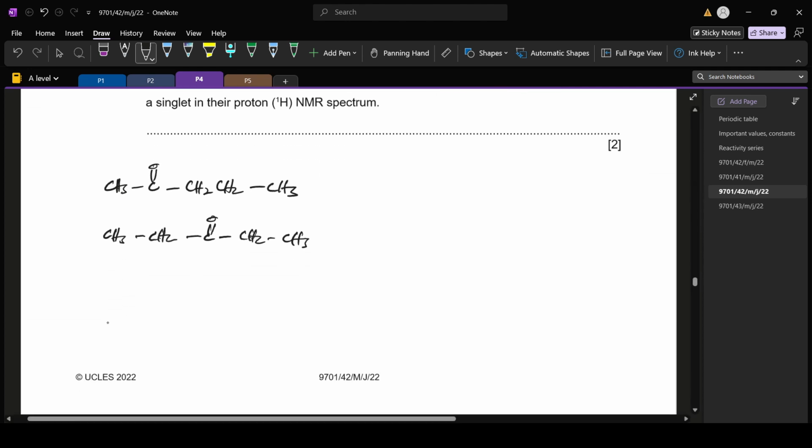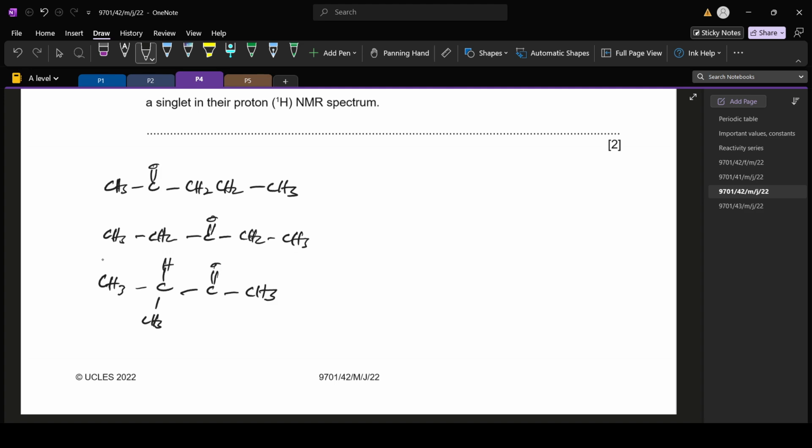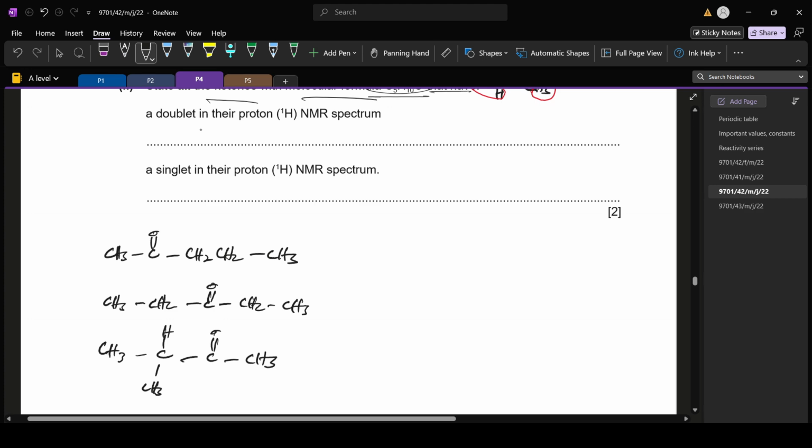And at last you have 3-methylbutan-2-one: CH3, CH, CH3, C double bond O, CH3. Now you have to see which one of these has a doublet.